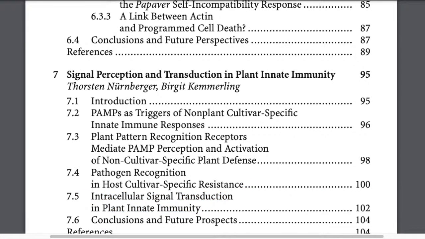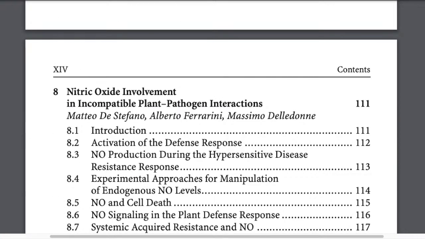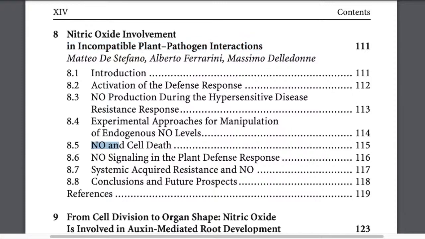That looks interesting too. All right. Nitric oxide involvement in incompatible plant-pathogen interactions. Wow. Nitric oxide and cell death. Experimental approaches for manipulation of endogenous nitric oxide levels. Oh, look, nitric oxide production during the hypersensitive disease resistance response.